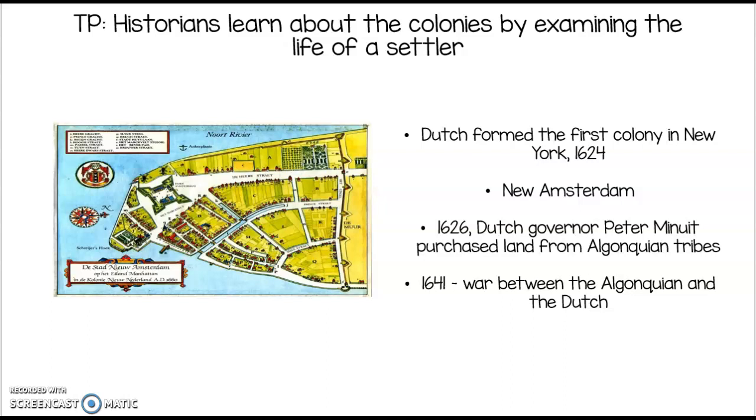They thought they were trading, but the Dutch believed that the Native Americans were selling their land. And so this led to many years of tension and mistrust between the Native Americans and the Europeans. And eventually, in 1641, war between the Native Americans and the Dutch happened.